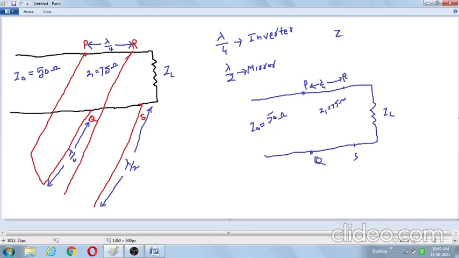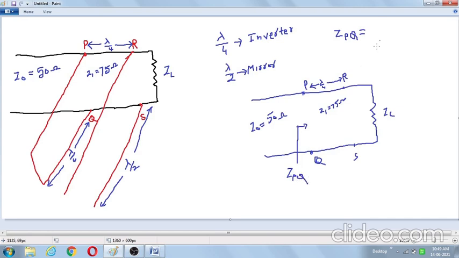That means the input impedance of the lambda by 4 transmission line, what we call Zin, otherwise ZPQ.